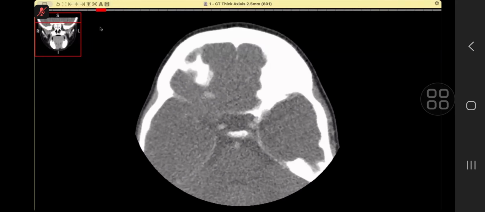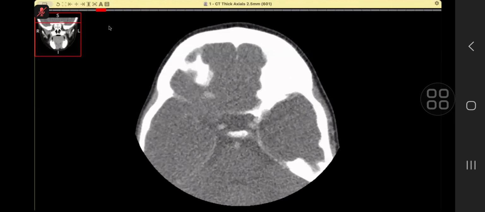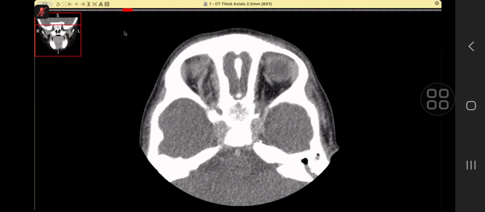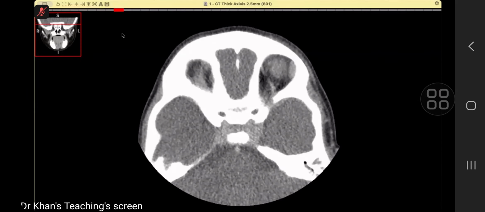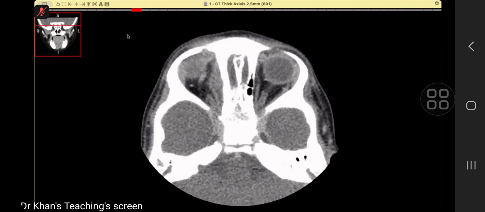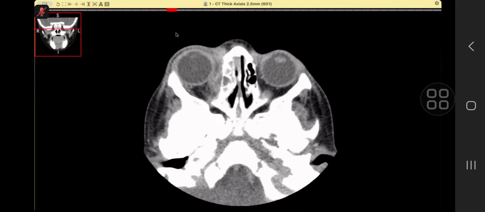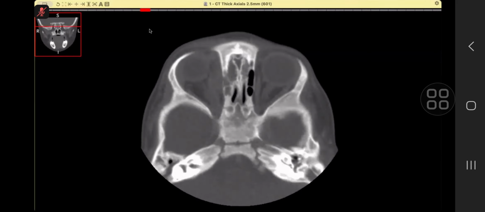The superior ophthalmic vein on both sides appears unremarkable. The cavernous sinus actually shows comparable signals on both sides. I would like to see the bone window images and based on these findings, okay.